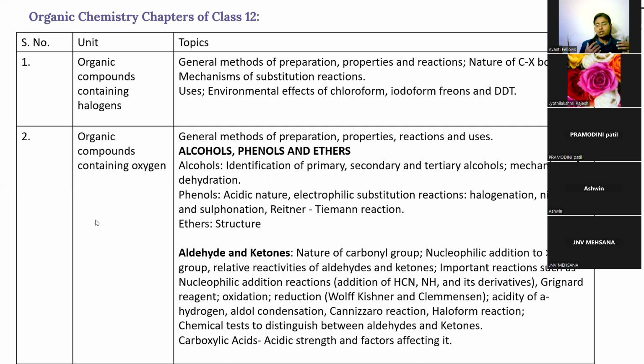If you know how to write a reaction, or which is an electrophile, nucleophile, and those concepts, you can get good marks easily in class 12. So without knowing those two lessons, please don't open these lessons.